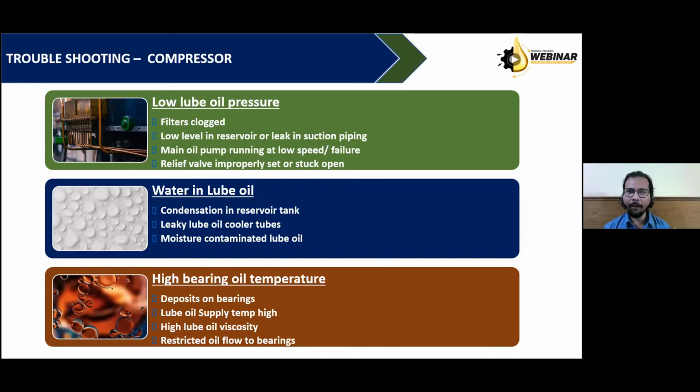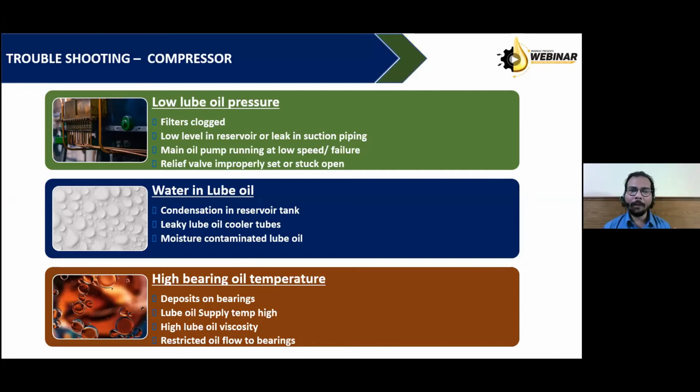And when compressed air is in contact with lubricating oil or working fluid, the oil has a tendency to get saturated. Until it reaches its saturation level, it will keep on adding water into it. So these two reasons contribute mainly to high bearing oil temperature and high water in the oil.